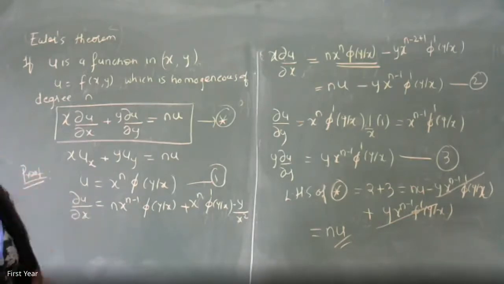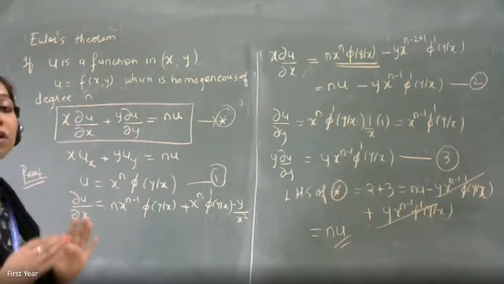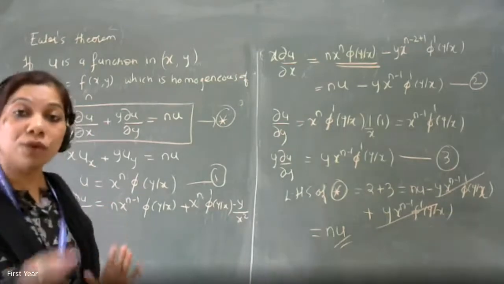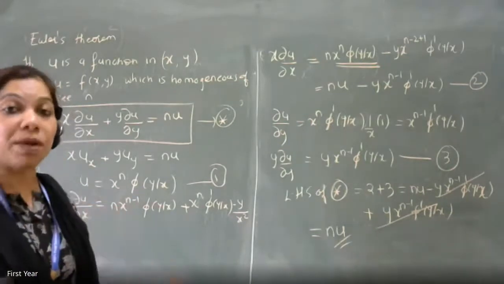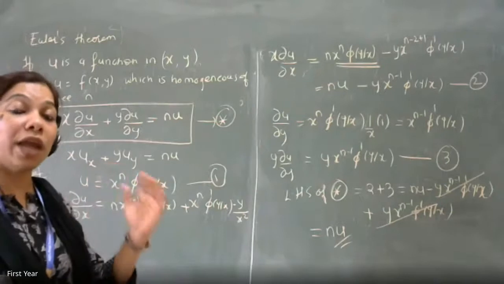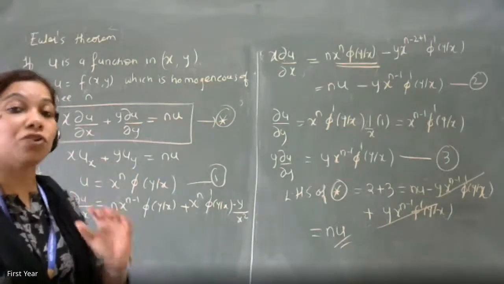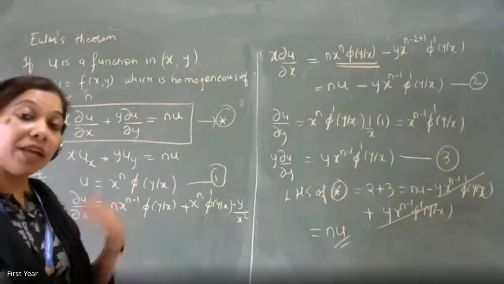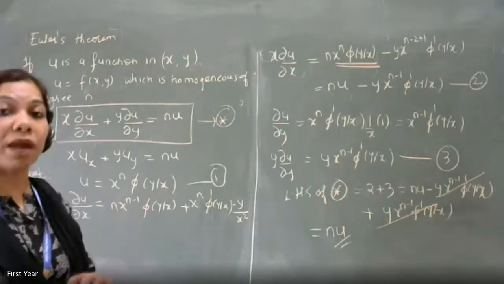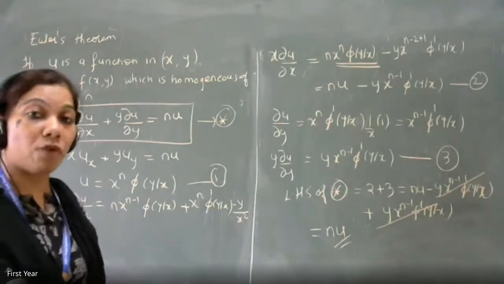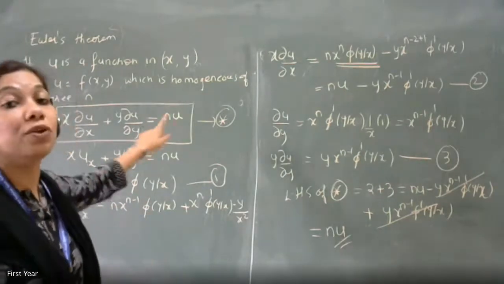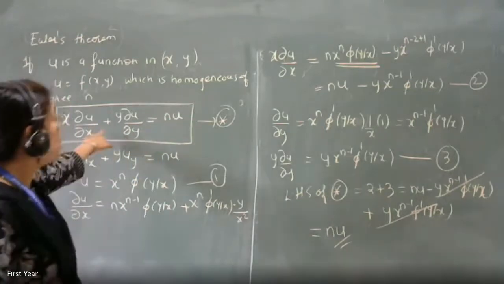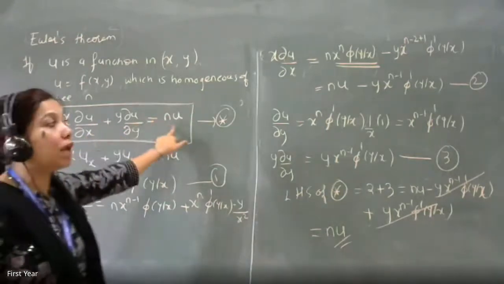This is applicable only if the function is homogeneous. If u is homogeneous, then the given expression can be written as x raised to n into some function of y by x, or y raised to n into some function of x by y. You use any one form of the homogeneous function, and you will get the expected statement of the theorem turning out to be n into u.